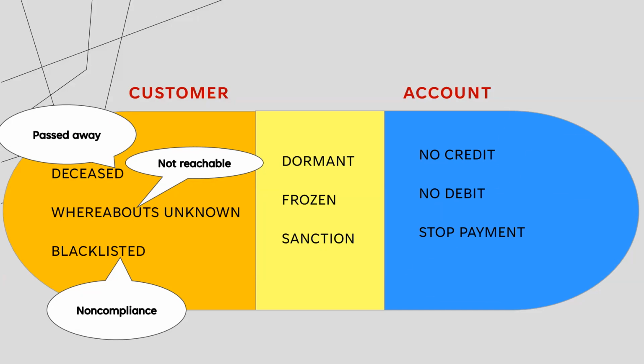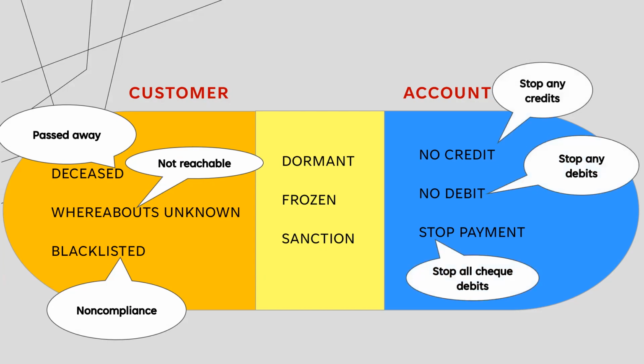Next we will see the different statuses at account level. There are no credit, no debit, and stop payment. No credit means any credit on that particular account should not be allowed, and no debit means any debit should not be allowed.